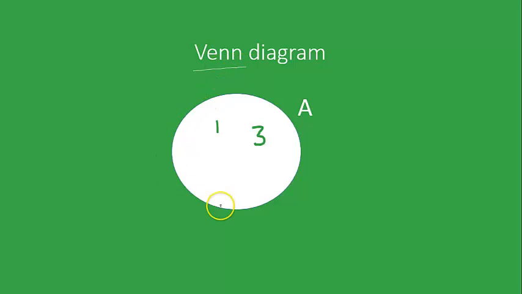A Venn diagram is basically a circle in which the elements of the set A are written inside the circle and elements not belonging to the set A are written outside it. So here the set A consists of elements 1 and 3. So the set A is {1, 3} in the roster notation.